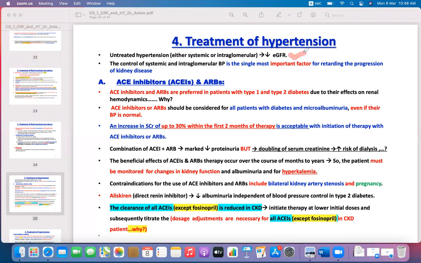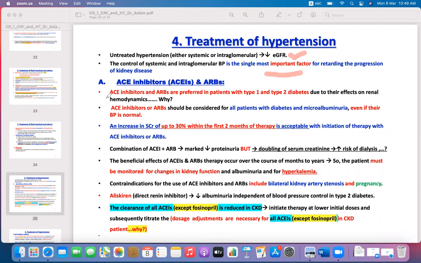That is why we have to control the blood pressure, and it is the most important factor which will prevent the progression of kidney disease.